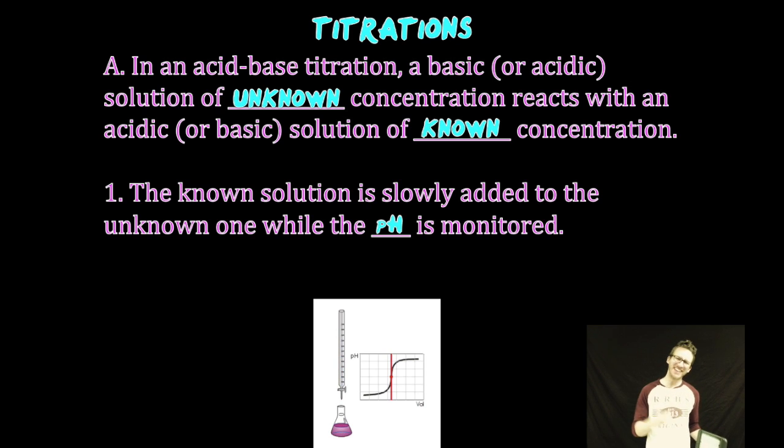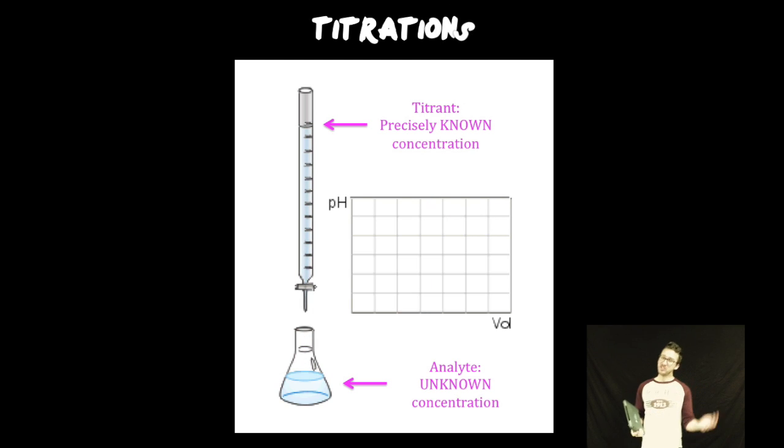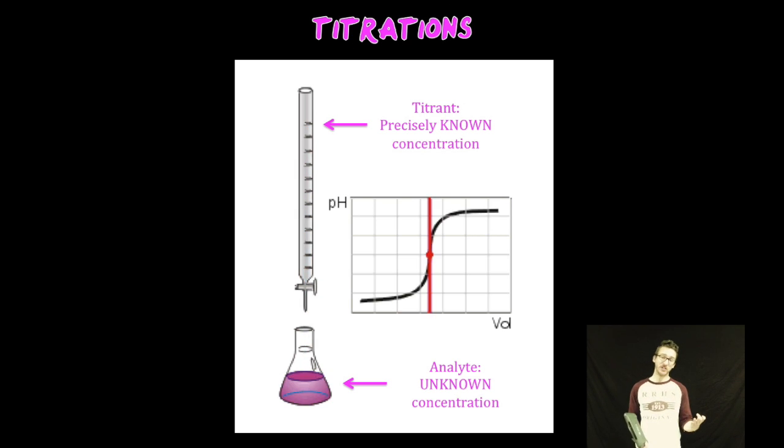Recognize that in an acid-base titration, we're going to take one of those, an acid or a base, with a concentration that we know, and mix it with the other with a concentration that we don't know. Then we just take the known solution and slowly add it to the unknown while we carefully monitor the pH. As you take a look at the animation on your screen, essentially this is what a titration is all about.